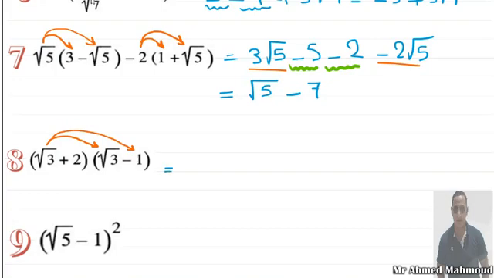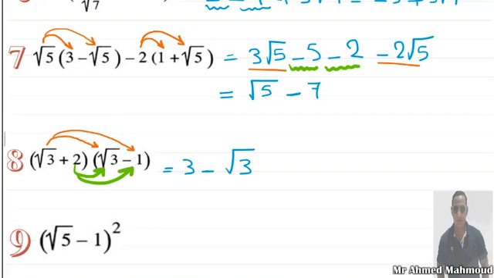Okay, root 3 times root 3 equals 3, and root 3 times negative 1 equals negative root 3 or negative 1 root 3. Okay, the next step, I'm going to distribute 2 times root 3 and 2 times negative 1.